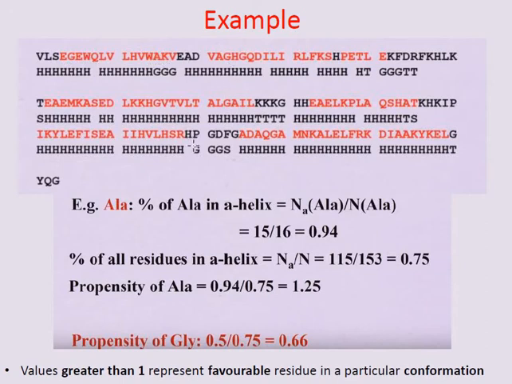In total there are 153 residues in this sequence, and 115 residues form alpha helices. We take the example of alanine propensity: what are the chances of alanine falling in an alpha helix?